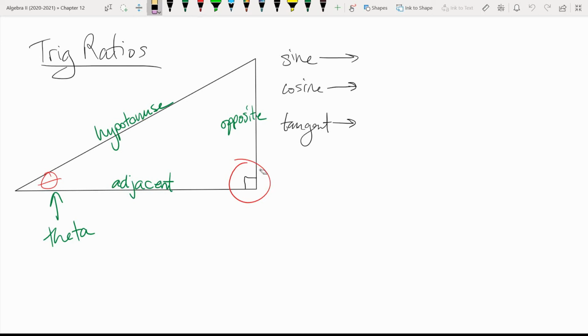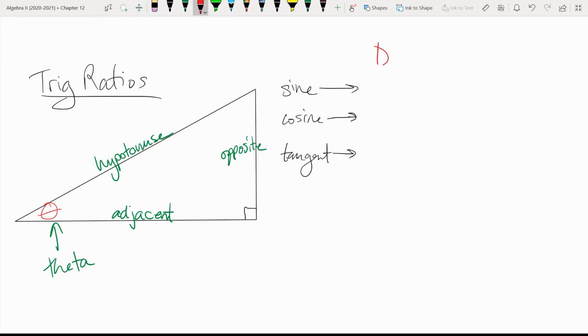So what are sine, cosine, and tangent? Well, they are defined as such. This is really important, because we're talking about really the definition of them here. So they're defined as follows. Sine: if you take the sine of this angle theta here, so we're going from this angle down here, theta.